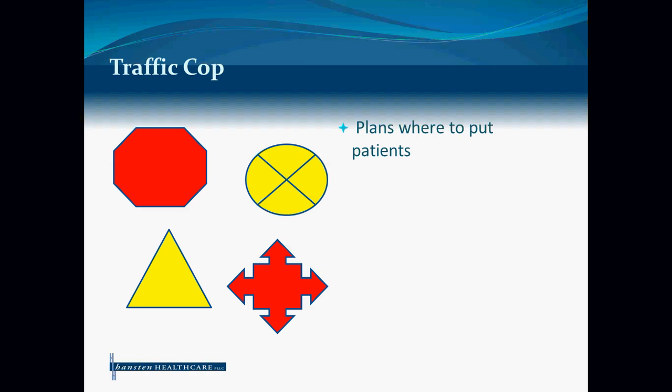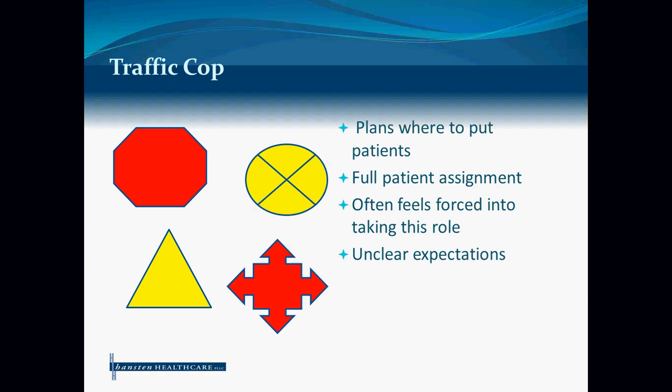So the traffic cop is the person that is just forced to do this job, but they've got to have somebody to decide where they're going to put patients. So what bed gets to be filled with the new admit or the direct admit, and she or he may have a full patient assignment, and sometimes they're kind of martyrs, and they'll take on the hardest assignment on the floor because that's what they do best.